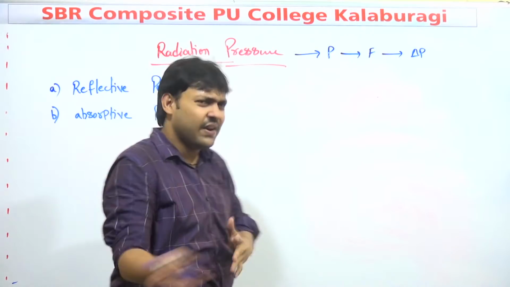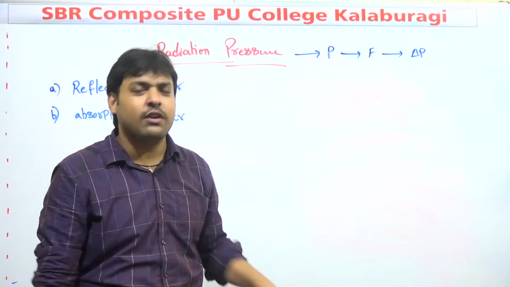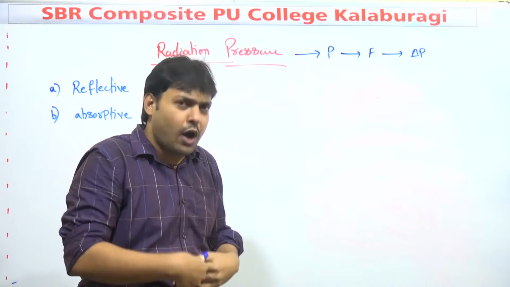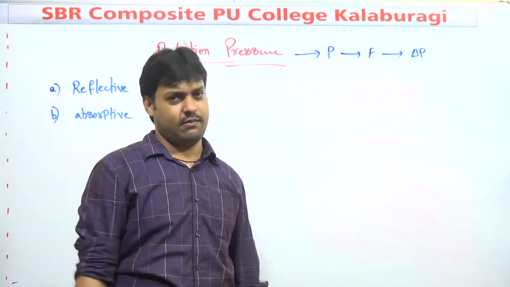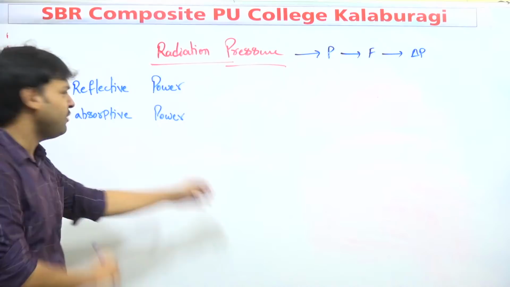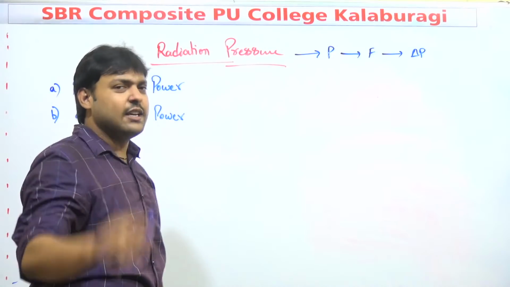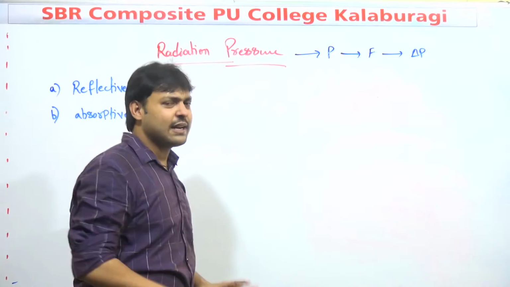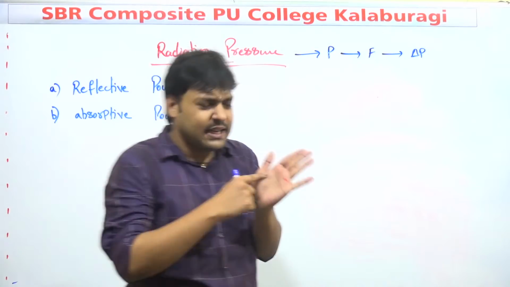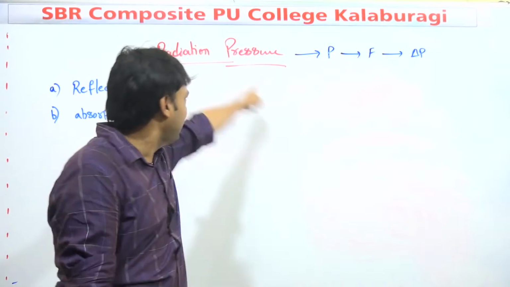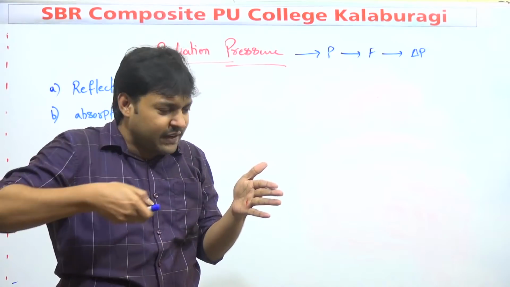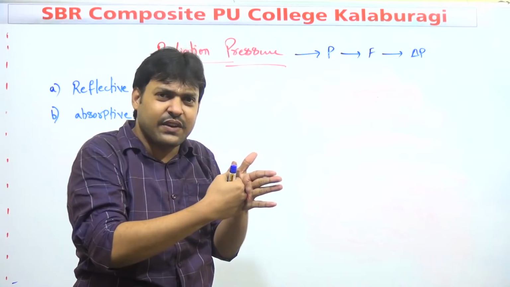These have different names. The refraction we call transmission, reflection, and some light will be absorbed, which we call absorption. So now, how many types of things do we have to study? Only two types. The transmittive part we are neglecting here. Why? Consider any surface. We are calculating the radiation pressure. If a torchlight is switched on, the light will strike the surface.